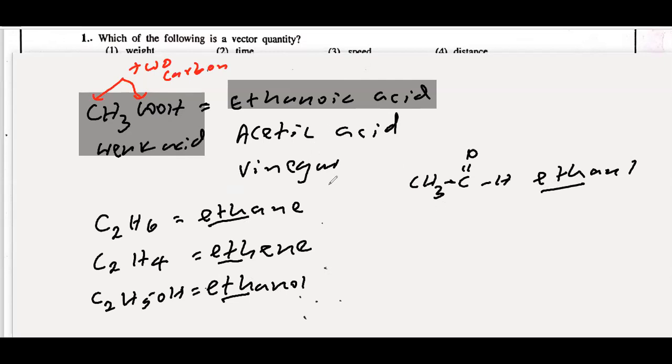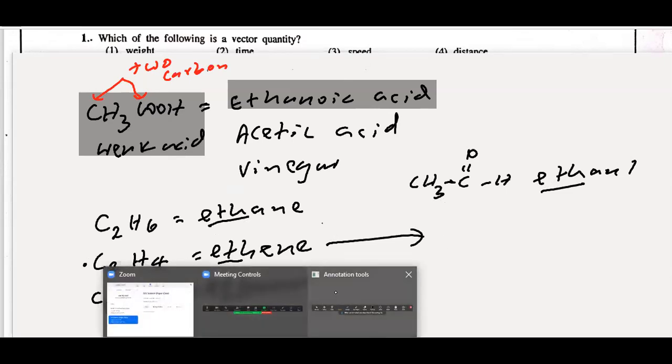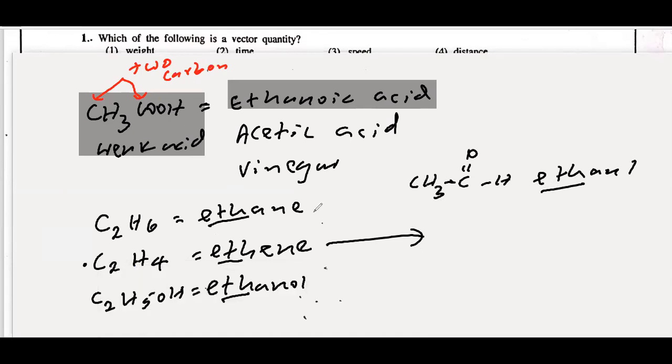Then polyethylene comes from ethene. If you polymerize this C2H4, then you get polythene. Write that if you want. Polythene comes from ethene. It's an alkene, right? So therefore this eth is also a bit important.